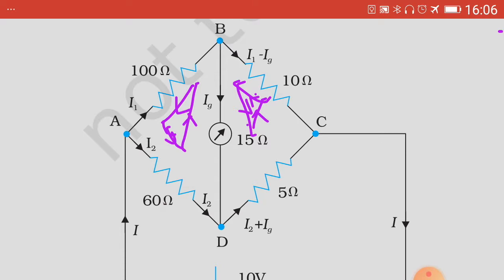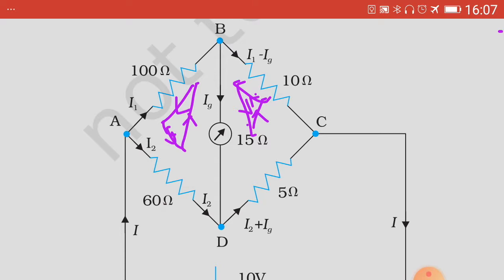And then traveling from D to B, this opposite direction, so plus sign, so plus 15 ohms is the resistance of galvanometer, capital G, so 15 into Ig, plus 15 Ig equal to 0.